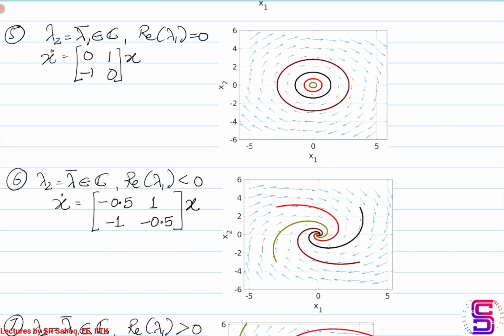For example, in this particular case of purely imaginary eigenvalues, the equilibrium point is again 0 0, which is the origin that I marked here. And what you see here is the vector field indicates that you will have closed periodic orbits whose magnitudes are fixed and depend on where you start.